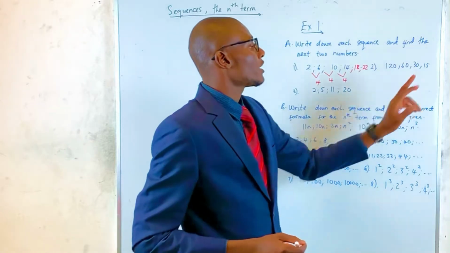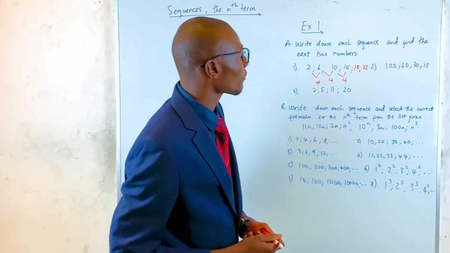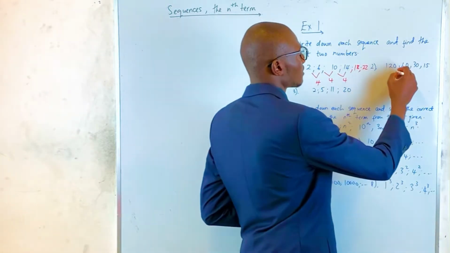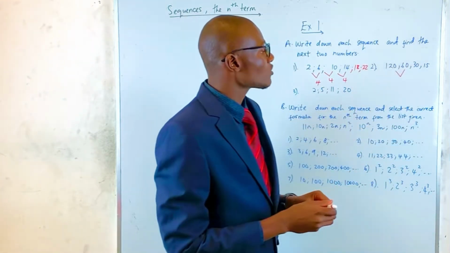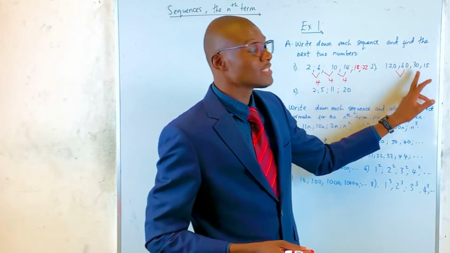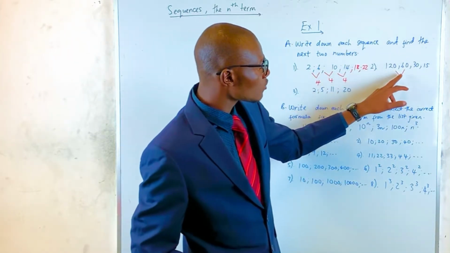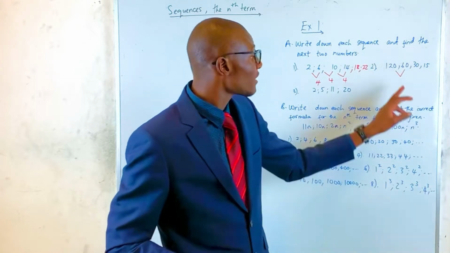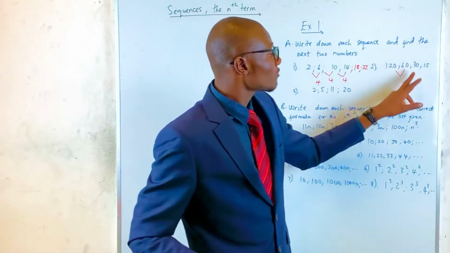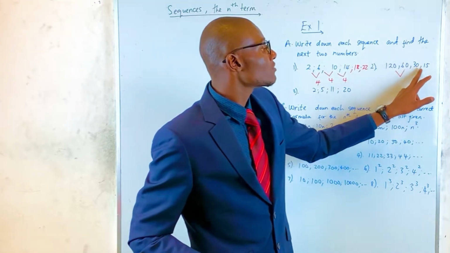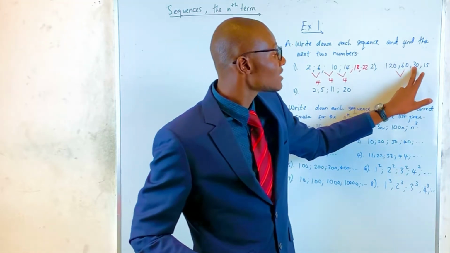Then for the second one, if we study the pattern of what's happening here, we see that we've got 120, 60, 30, then 15. But we see that from 120 to 60, we've divided the term by 2. Then from 60 to 30, we've divided by 2. Then from 30 to 15, we've divided by 2.